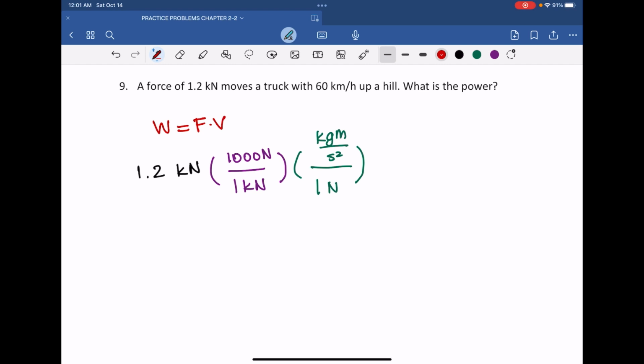We need to multiply this with 60 kilometer per hour, but I want to change the unit to, of course, meter per second.